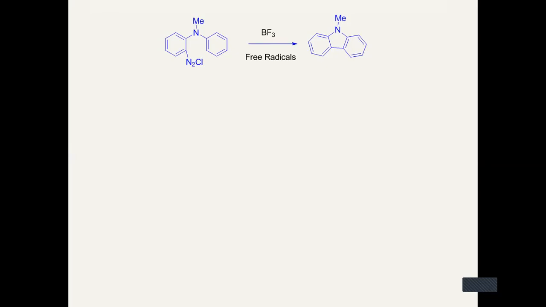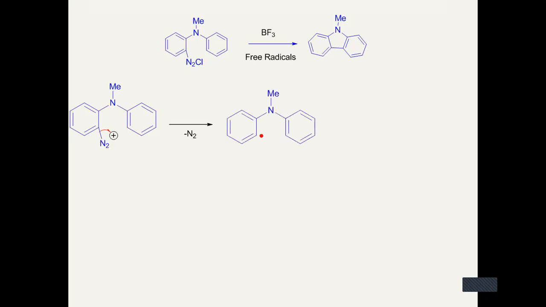Very simple again. See, there is a diazonium salt. So remember, first of all, radical generation takes place at this position here, and the mechanism is very simple. You should be very well versed. You have to have practice.